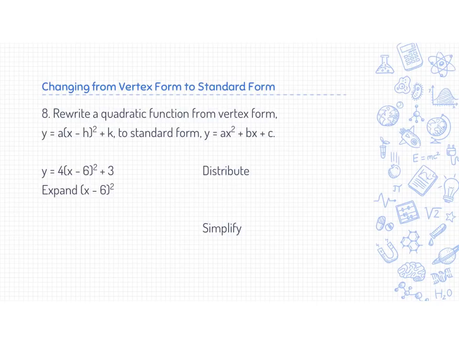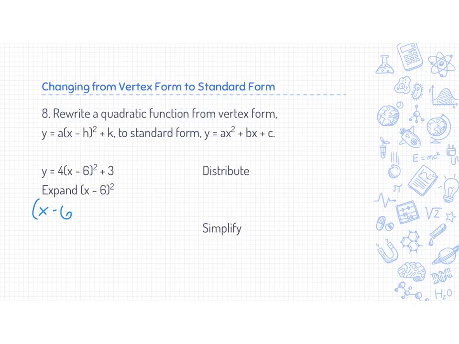All right, so rewriting to change from vertex form to standard form. As you see here, we're going to take it from y equals a(x minus h) squared plus k, which is our vertex form, to y equals ax squared plus bx plus c, standard form. So given the function y equals 4(x minus 6) squared plus 3, we're going to expand out that (x minus 6).